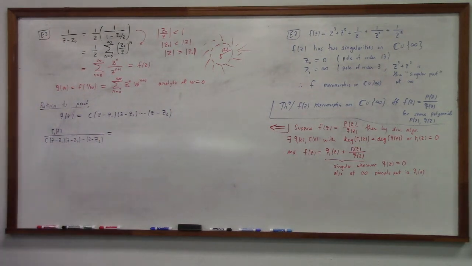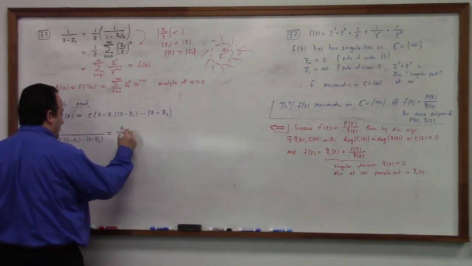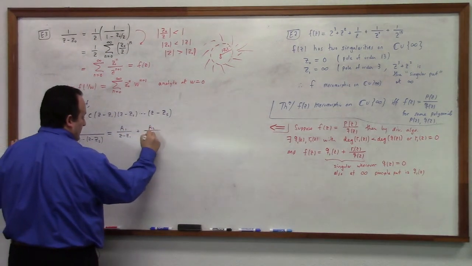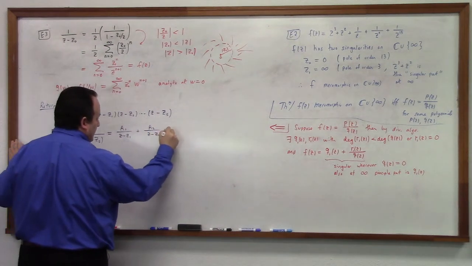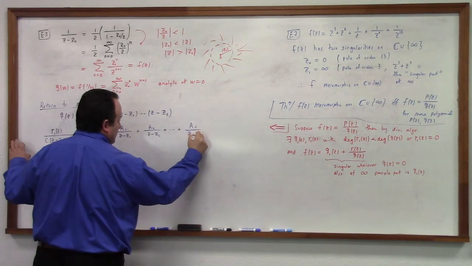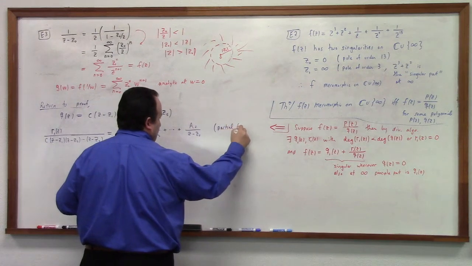And my point is we can use the algebra of partial fractions to rewrite that as a sum of reciprocals, something like a1 over z minus z1 plus a2 over z minus z2 plus up to a sub s over z minus zs. This is by partial fractions algebra.